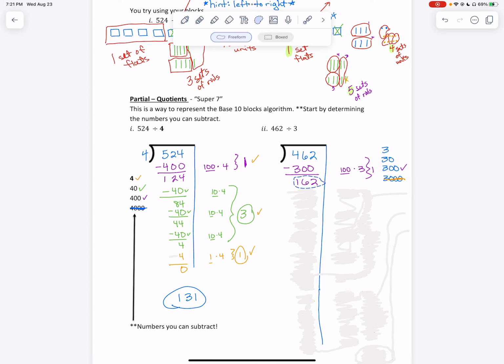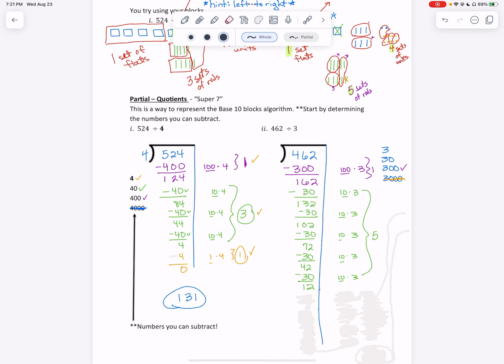So I don't have 300 to subtract, okay? But I do have 30 to subtract. So I'm going to subtract 30 as many times as possible. So look how many times I subtracted 30. 1, 2, 3, 4, 5. So I subtracted 30 5 times.